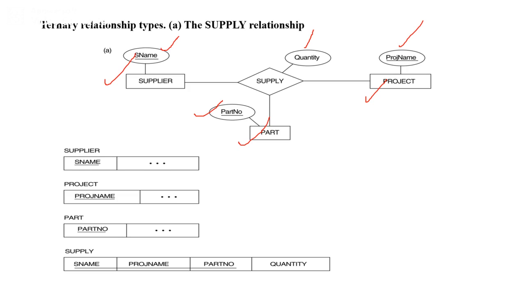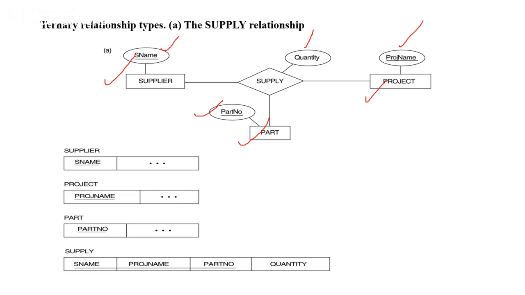Unless any one of the attributes is missing, it is not possible to identify the value of the quantity. Therefore, to identify this supply in the relational schema, we need a combination of these 3 attribute values, that is S name, project name, and part number.